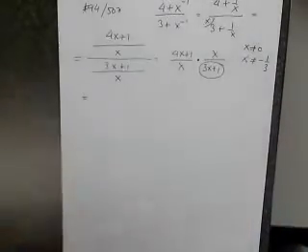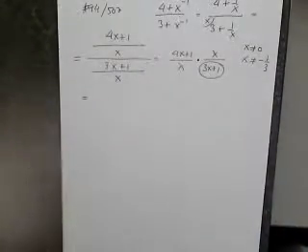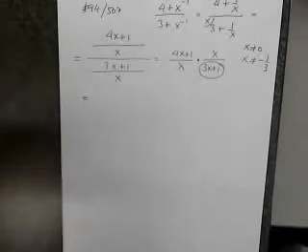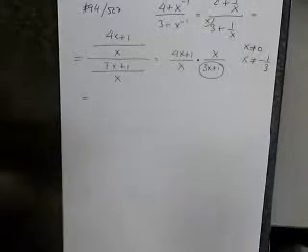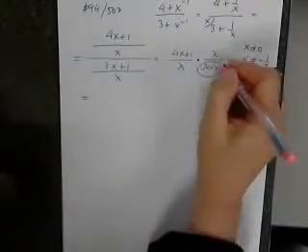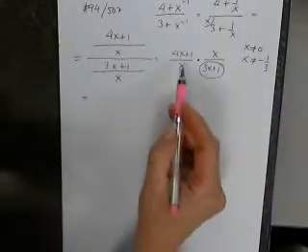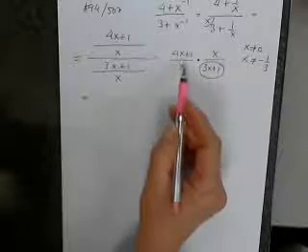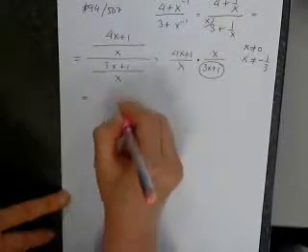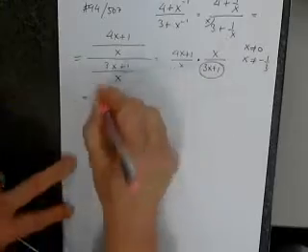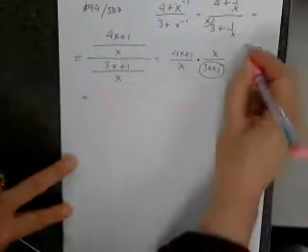And now I can only simplify what? This x with this x. Can I simplify anything from 3x plus 1 with anything from 4x plus 1? No. Very good. So 4x plus 1 over 3x plus 1 is the final answer, including this.